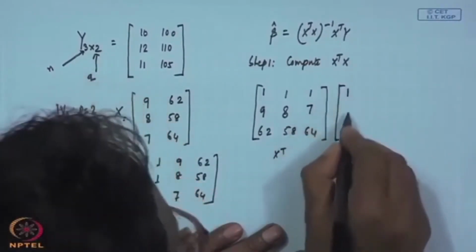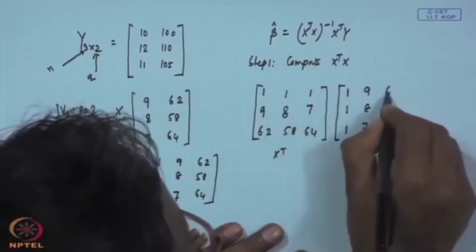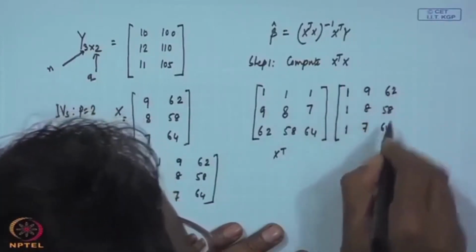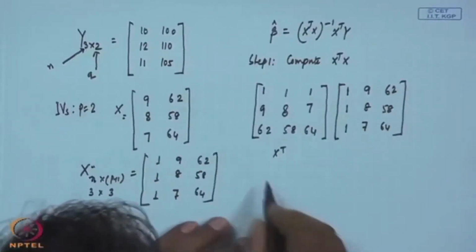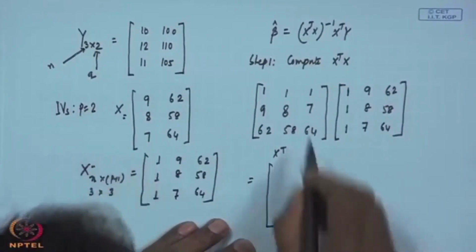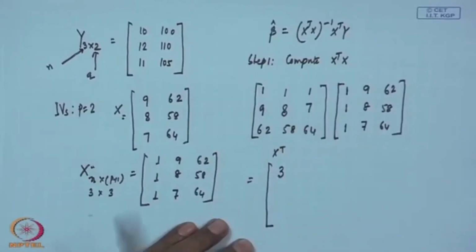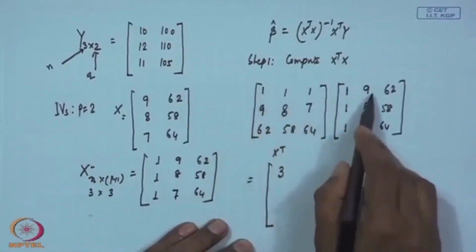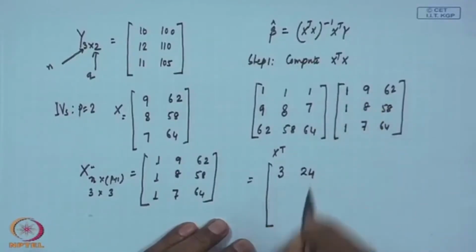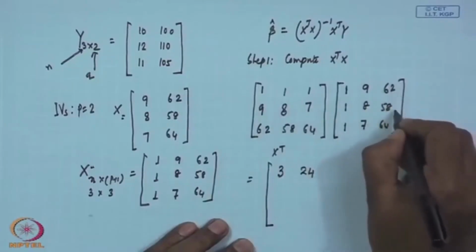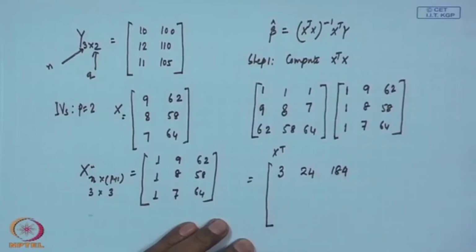X matrix is 1, 1, 1, 9, 8, 7, 62, 58 and 64. If you multiply this, what will you get? 1 into 1 plus 1 into 1 plus 1 into 1, so this will be 3. Similarly, 1 1 1 into 9 8 7, so 9 plus 8 plus 7 will be 24. Similarly, the third one is 62 plus 58 plus 64, which will be 184.